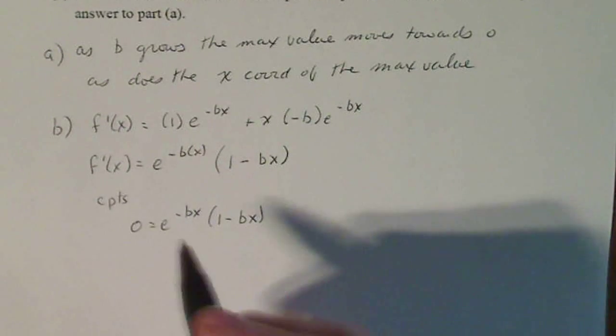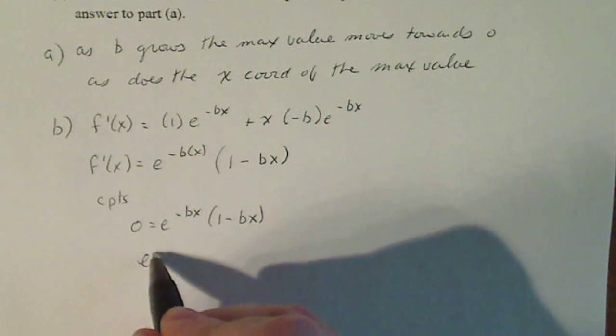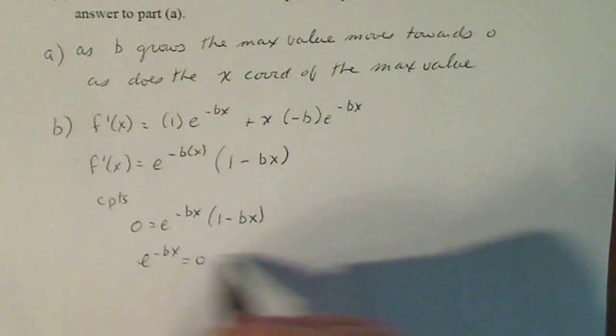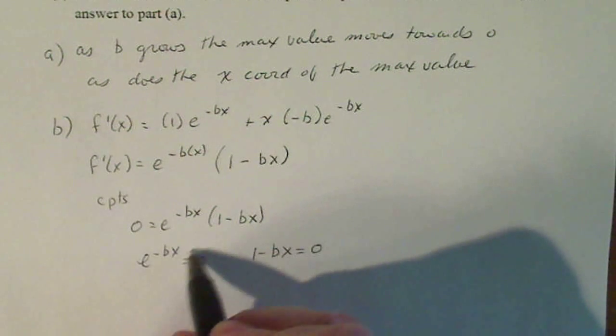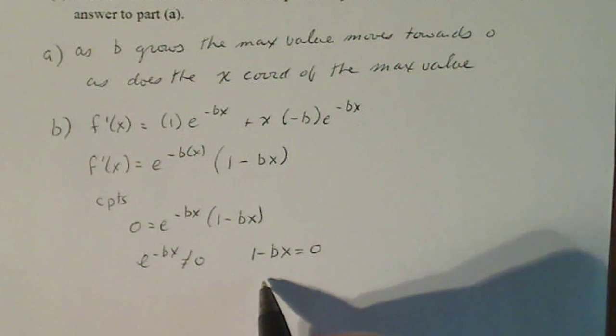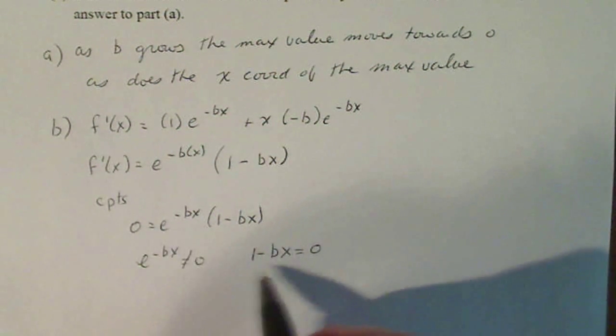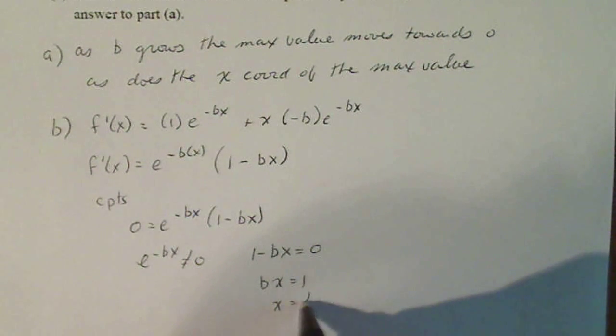So using the zero factor property, I know that the product of these two things being 0 means that e to the minus bx could be 0, and 1 minus bx could possibly be 0. But this function's never 0 no matter what value b is. But over here I can solve for b, or since I want the critical points, I'm solving for x. bx equals 1, x equals 1 over b.